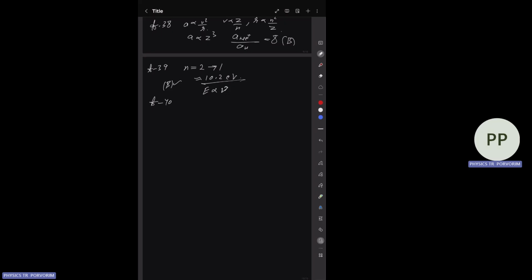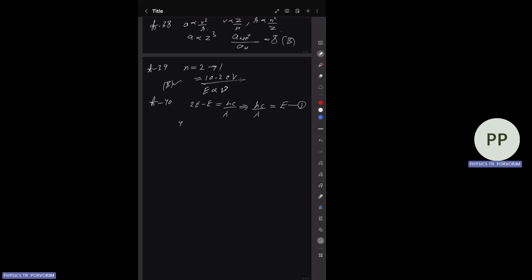And the last question, 40. The following diagram indicates the energy levels of hydrogen atom. When the system moves from 2E to E, a photon of wavelength lambda is emitted. What is the wavelength of the photon produced during the transition from 4E by 3 to E? From 2E to E, the energy is hc by lambda, which will be equal to E. This is the first equation.